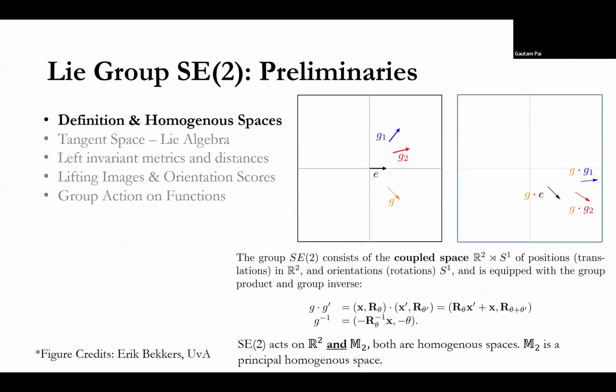SE2 is basically comprised of the coupled space of positions and orientations, and one can define a group product, which one can derive from a roto-translation.